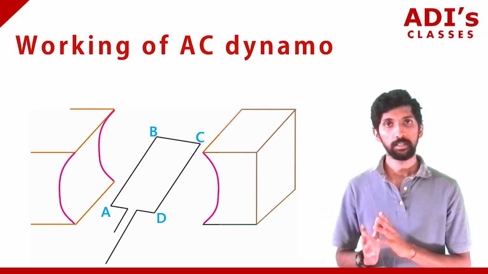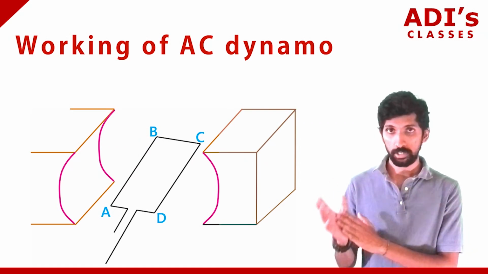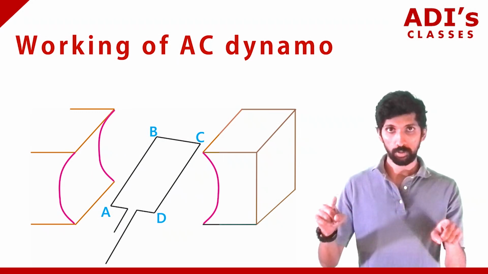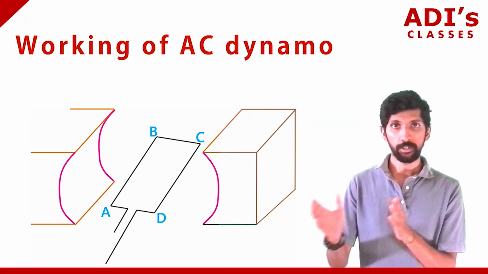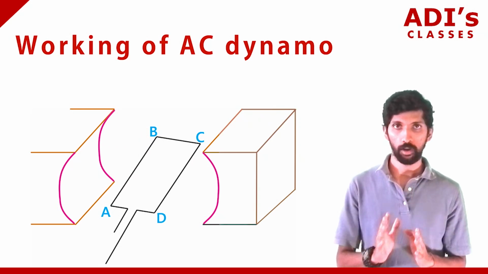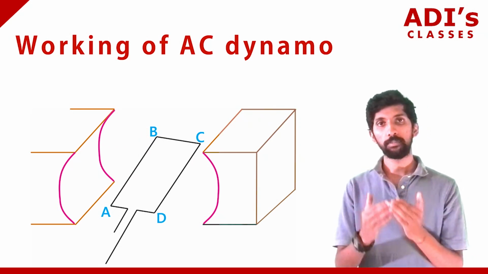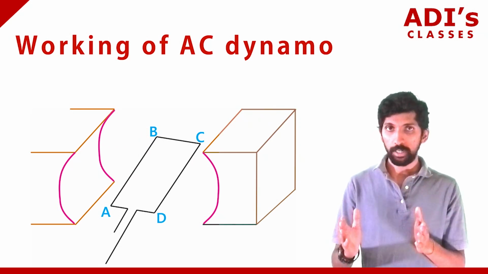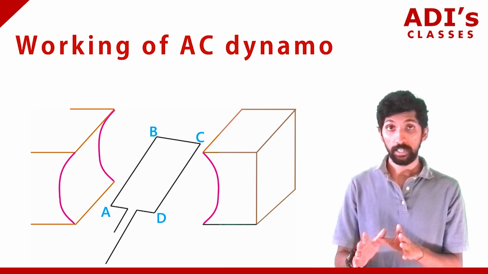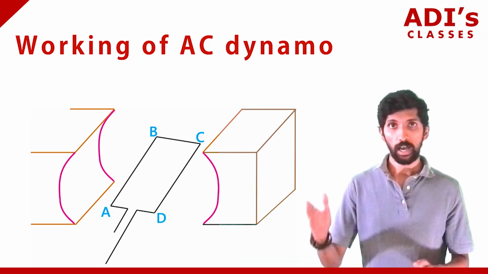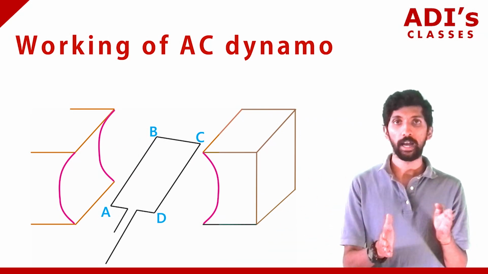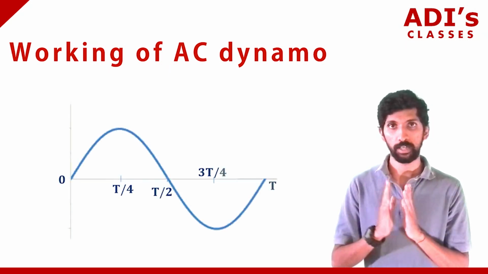Now 0 to T is the total time period, so let's split it into two halves, from 0 to T by 2 and T by 2 to T. In between I'll have one more part, so we divide 0 to T as 0, T by 4, T by 2, 3T by 4 and T.